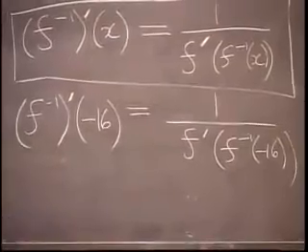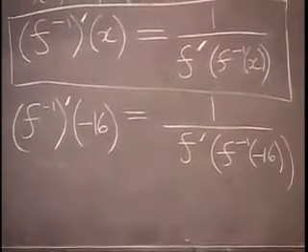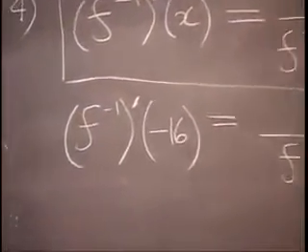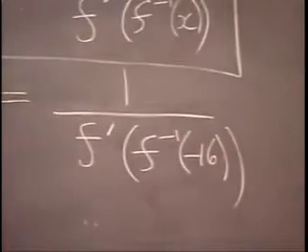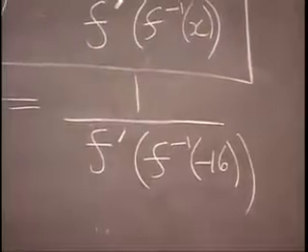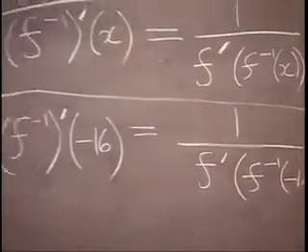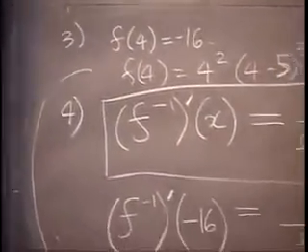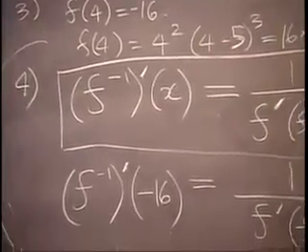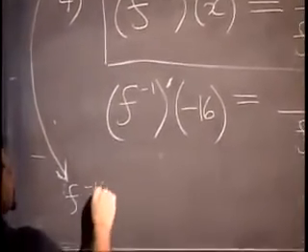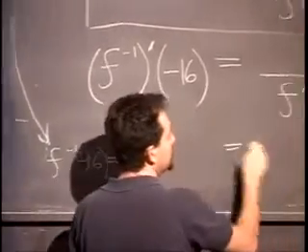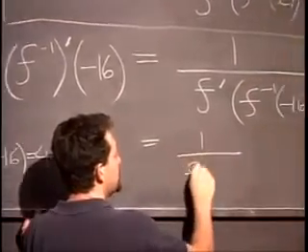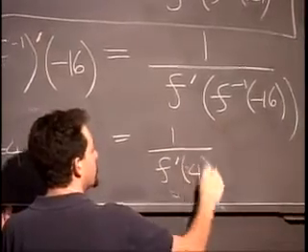The question is, what is f inverse of minus 16? Well, where's minus 16 floating around? You see it? From the third part, if f of 4 is minus 16, then f inverse of minus 16 is 4. So this, of course, is 1 over f prime of 4.